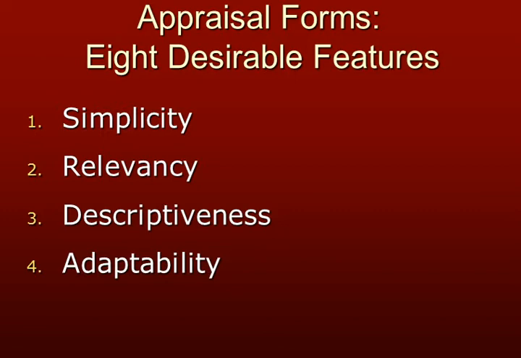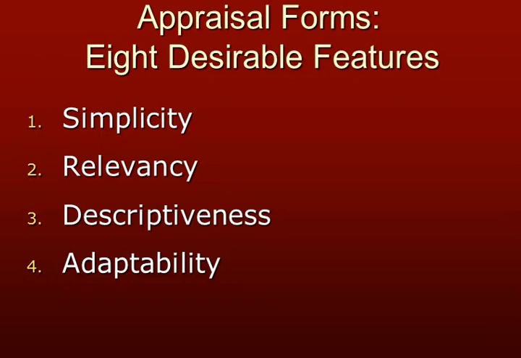Then there comes relevancy. Good forms include information related directly to the tasks and responsibilities of the job. Otherwise, they will be regarded as an administrative burden and not as a tool for performance improvement. Then there comes descriptiveness. Good forms require that the raters provide evidence of performance regardless of the performance level.